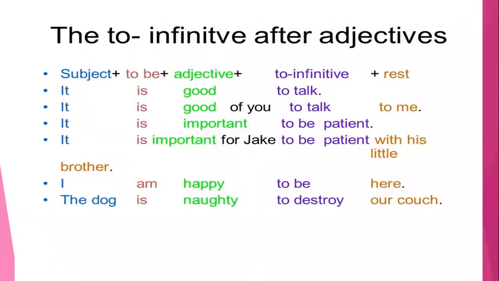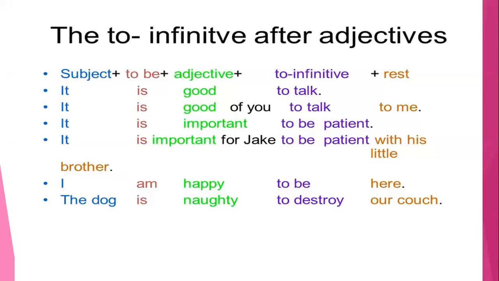And here we will pay attention to the using of them. The first, we use infinitive after adjectives, and here we have some examples and structure of using infinitive after adjectives. Structure: subject, to be, adjective, to plus infinitive, and the rest part of the sentence.